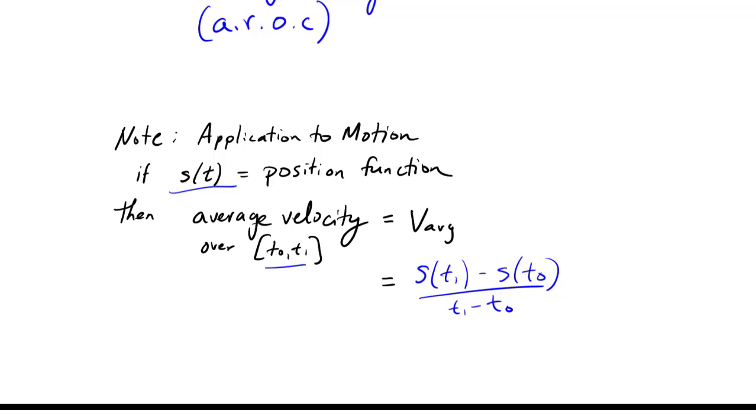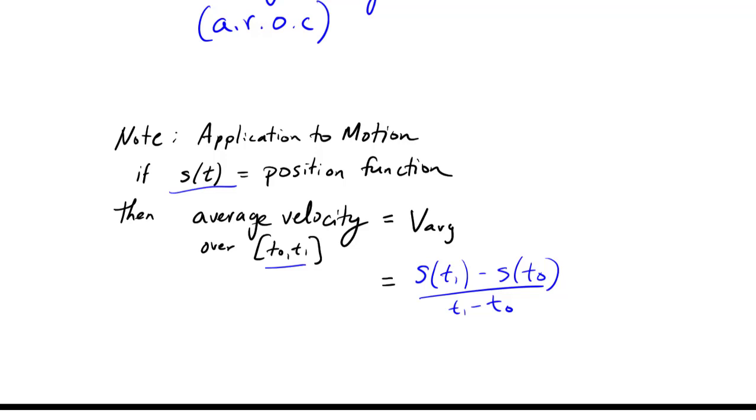So when you're talking about velocity, imagine you took a trip in your car and you went 120 miles in 2 hours. Well, that's a change in position of 120, so 120 over 2 hours, the change in time. 120 over 2 is 60, so you have 60 miles per hour as your average velocity over that whole time span.